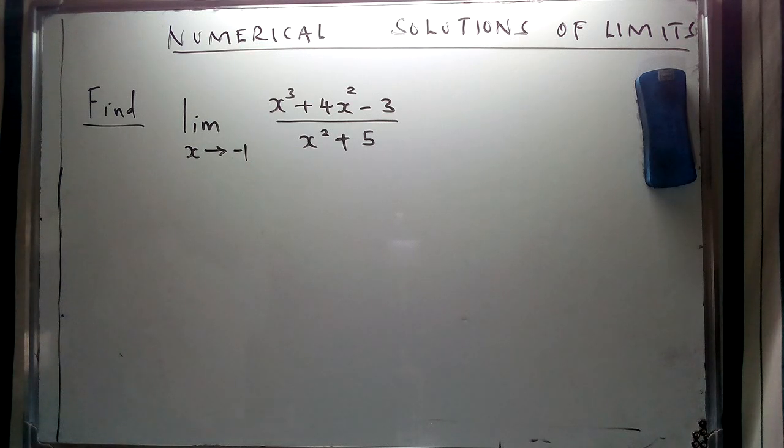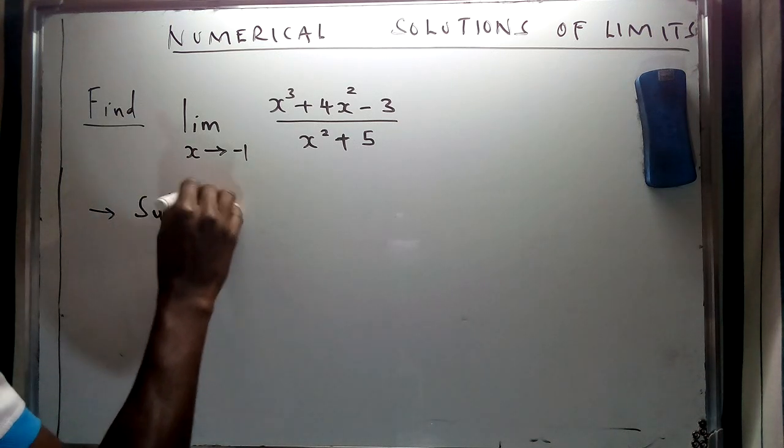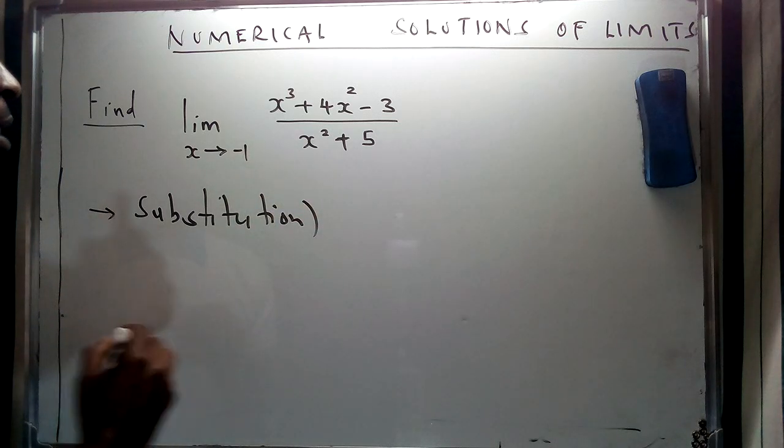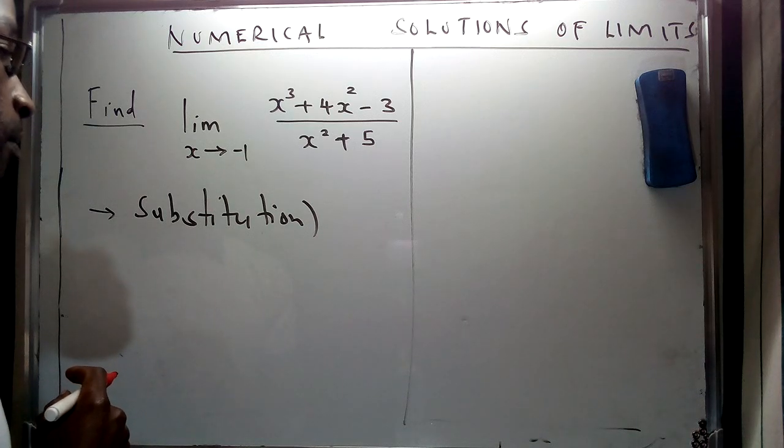So for us to do this one, we can use a range of methods, but we have discussed the concept of substitution, a method whereby we say that if we have to find the limit of a function, then it's equivalent to the value of the function at that specific number.